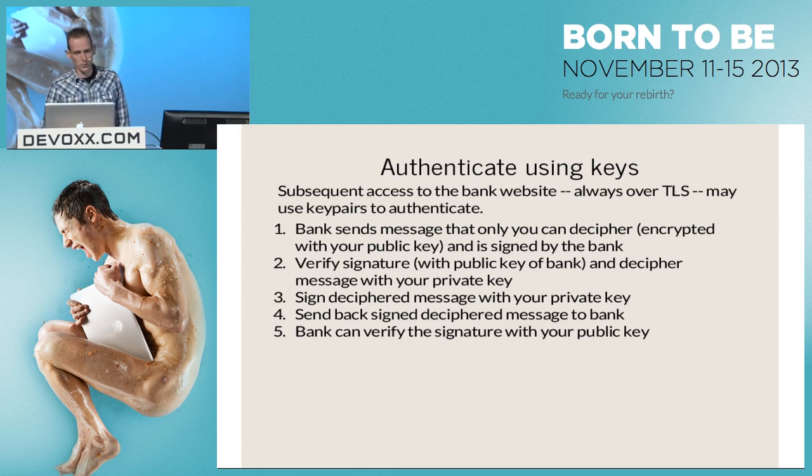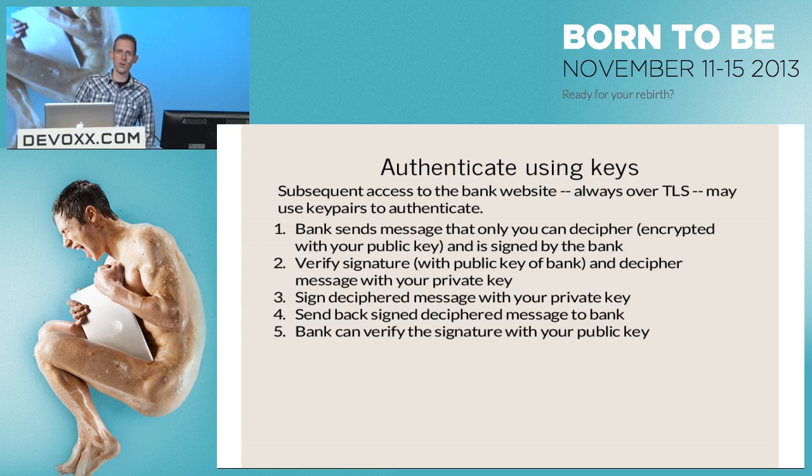The bank could send us a message that is encrypted with our public key, so only we can decrypt it, and it can sign that message using its private key, so that we can know for sure that the bank was sending us that message.